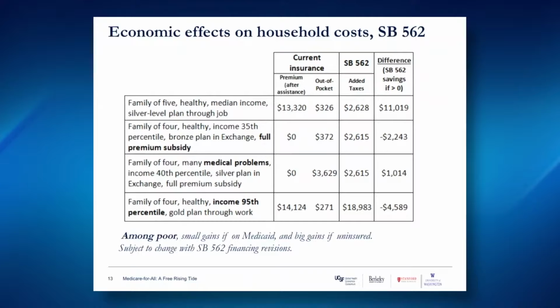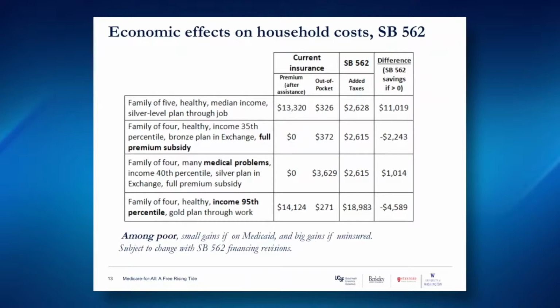For a family that got their health insurance through the exchange and got a full premium subsidy, that's the very strong subsidies that the ACA has, they pay nothing in premiums currently, or essentially nothing. They have added taxes and don't do as well under single payer because they've gone to paying some taxes.